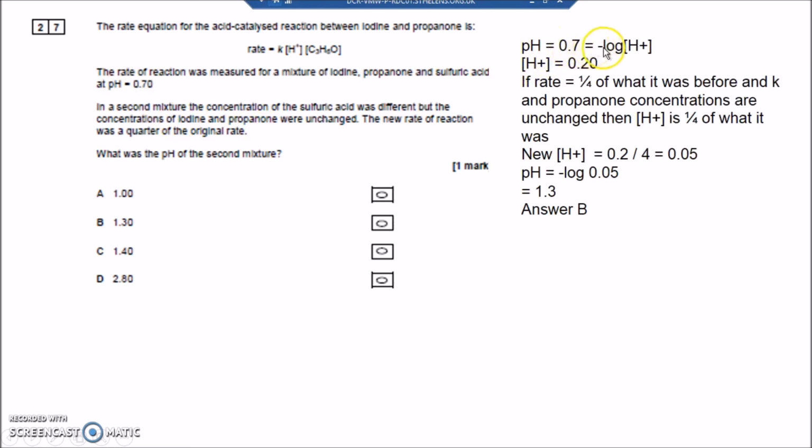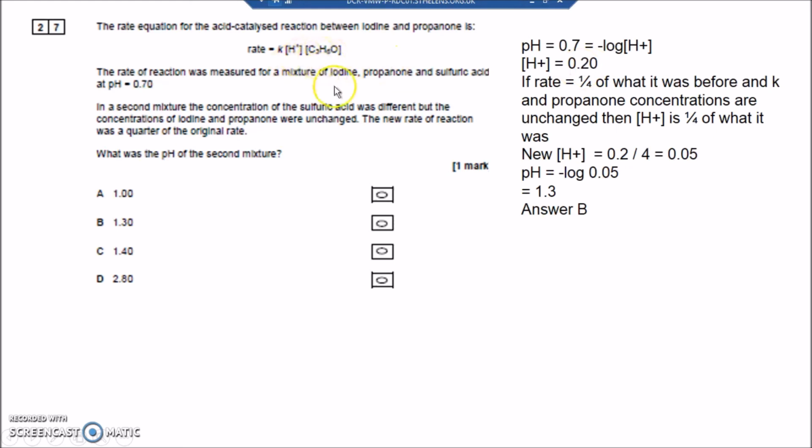pH is 0.7, which is minus log to the base 10 of the hydrogen ion concentration. So I reverse both signs, so minus 0.7 is log of H plus concentration, and then I do an inverse log to get rid of the log, or a shift log, depending on your calculator, of minus 0.7, and the H plus concentration will come out as 0.2.